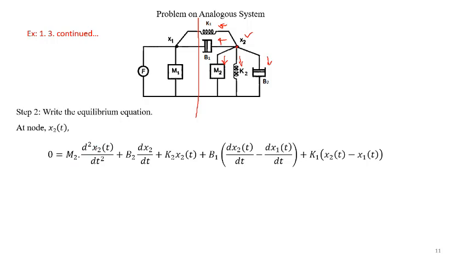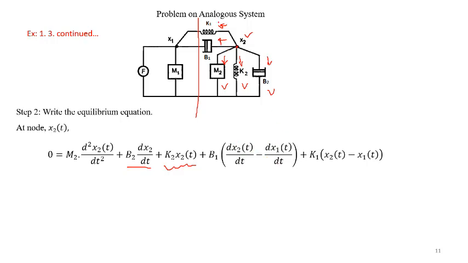So here it is m2 d square x2 divided by dt square for m2. Next we have b2 into dx2 divided by dt. Next we have k2 into x2 of t. These three elements are over. Next we have the common element, that is b1 into dx2 by dt minus dx1 by dt.